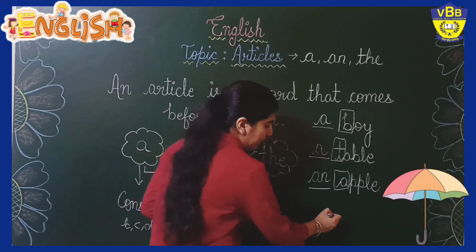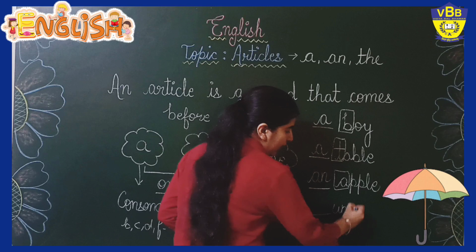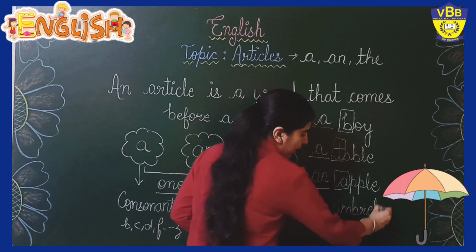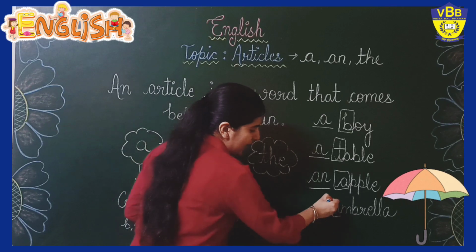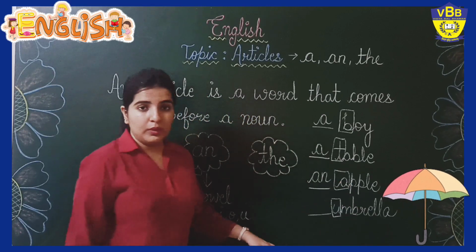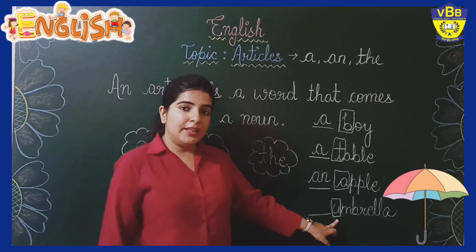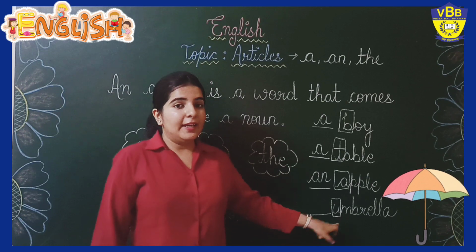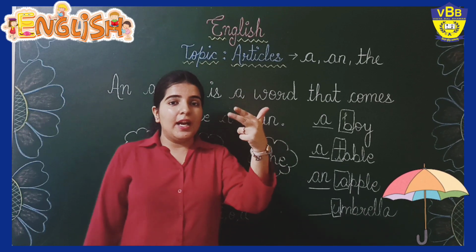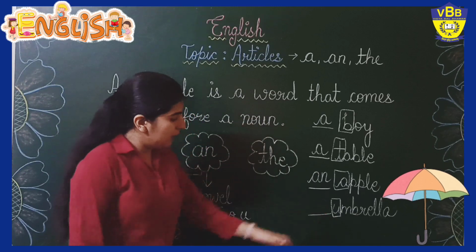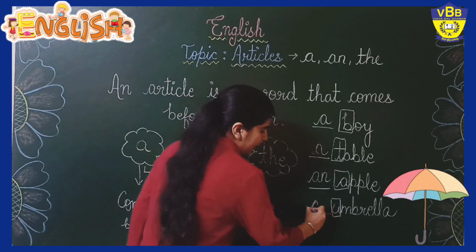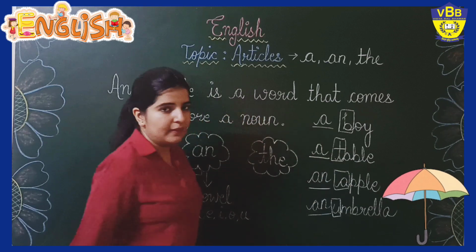We need an umbrella. Umbrella again is a noun, and it starts with the letter U. Again remember, A, E, I, O, U are the vowel sounds, so with them we always use an.